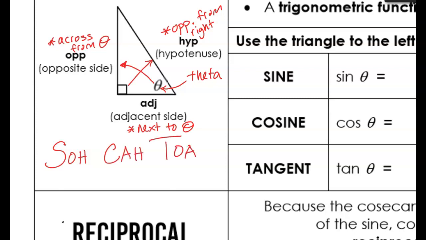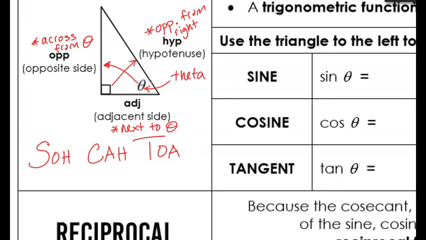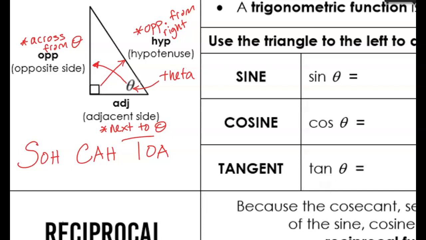With all of my years in math, I still say this in my head when I'm setting up trig functions. This acronym tells you exactly how to set up these ratios in the trig function. So if I am talking about sine, which one of these portions of the acronym do you think I'm referring to? SOH, for sure.